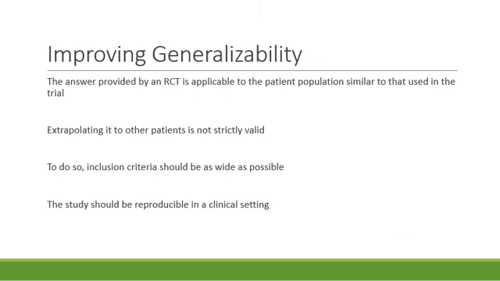The answer provided by randomized controlled trials is applicable to the patient population similar to that used in the trial. Extrapolating it to other patients is not strictly valid. To do so, inclusion criteria should be as wide as possible. So this is an important discussion topic as you've developed your PICO.